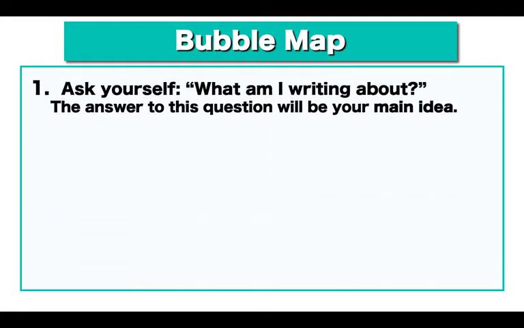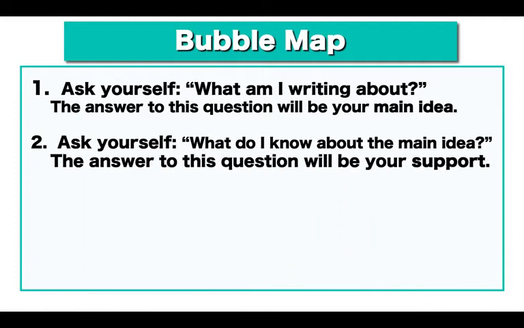Let's look at a bubble map. So, number one, we should ask, what am I writing about? The answer to this question will be your main idea. Number two, ask yourself, what do you know about the main idea? The answer to this question will be your support.